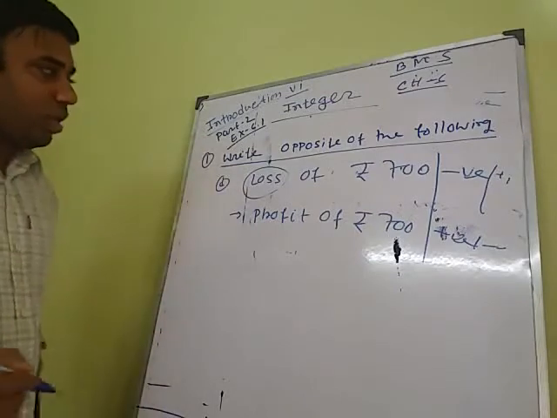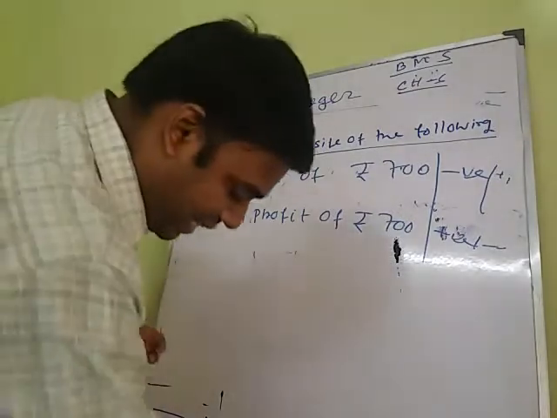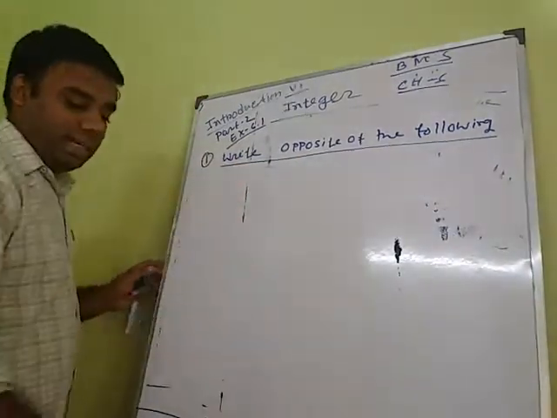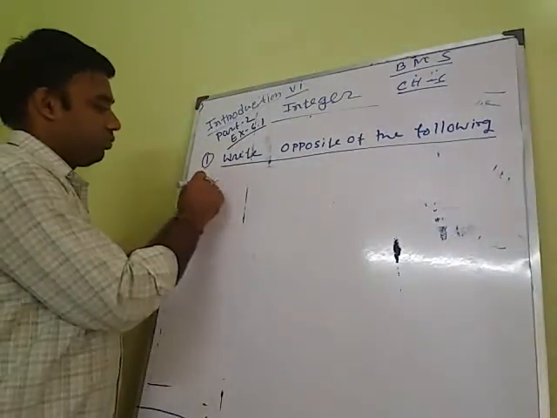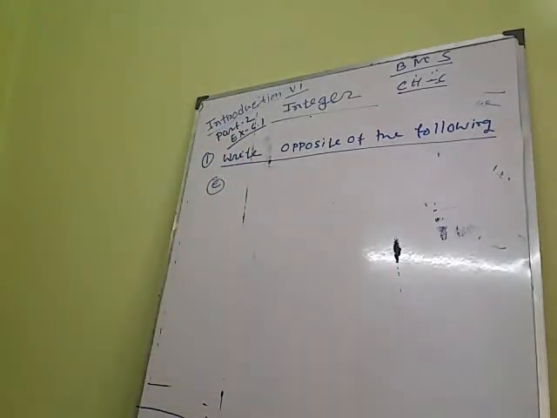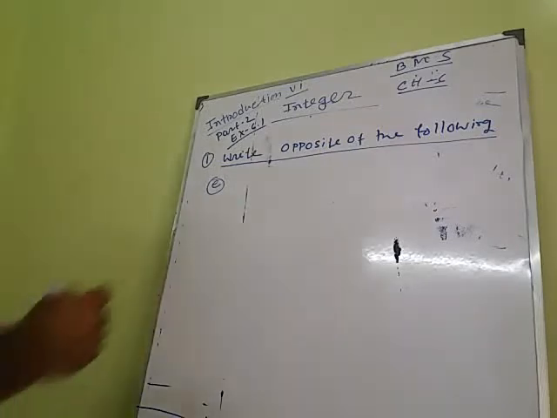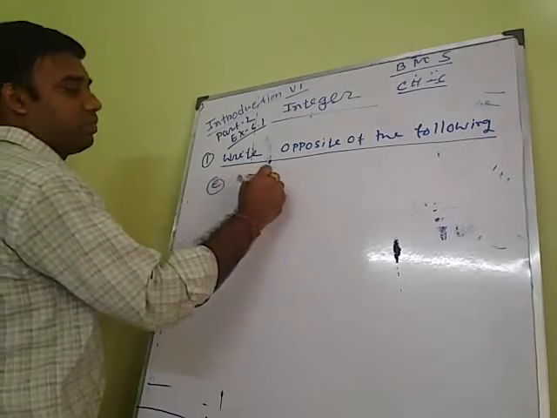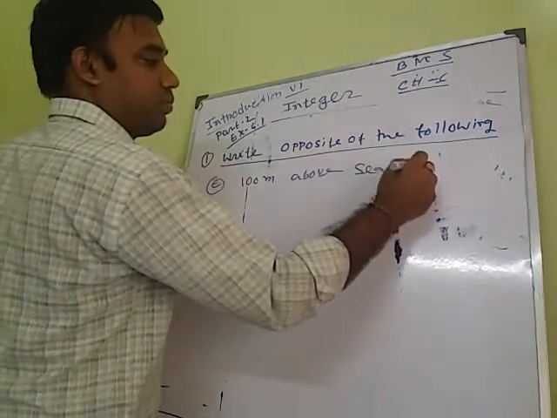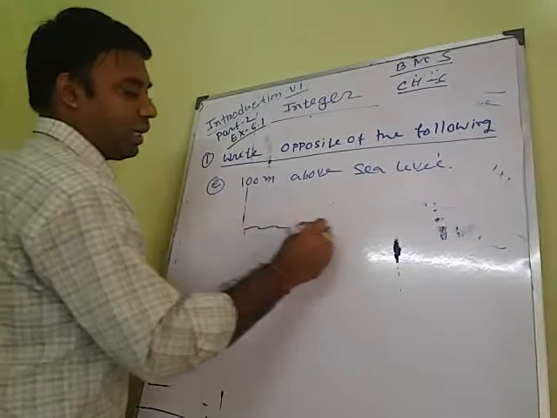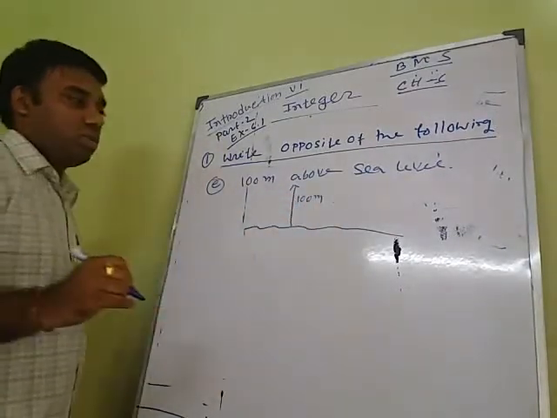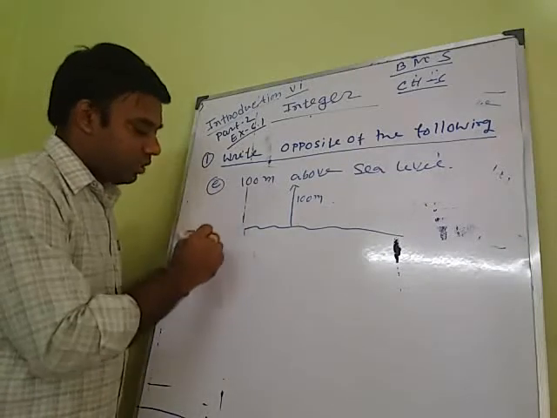Okay. Now the last part, that is E. 100 meter above the sea level. What will be the opposite statement of that given statement?